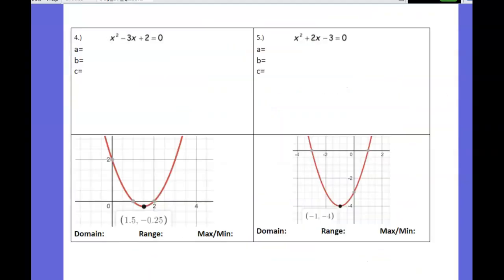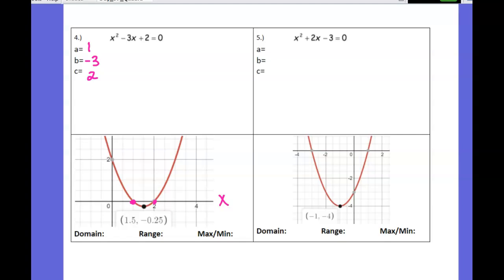Okay, so with number 4, we've already captured a snapshot of the graph, so we can tell already that we think our solutions are going to be right here where it crosses the x-axis. So it looks like it's at about 1 and 2. Let's see what happens. So our A is 1, our B is negative 3, and our C is 2.